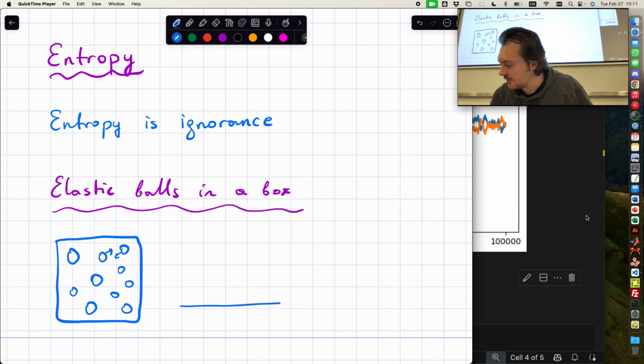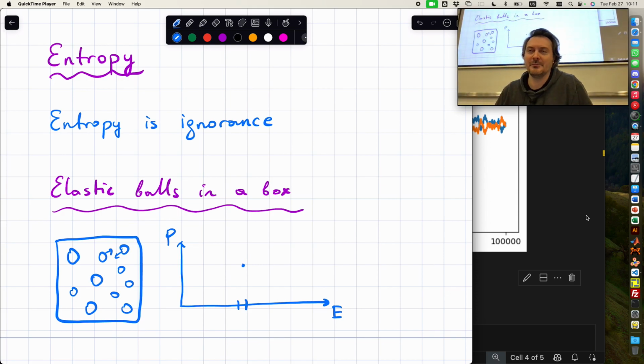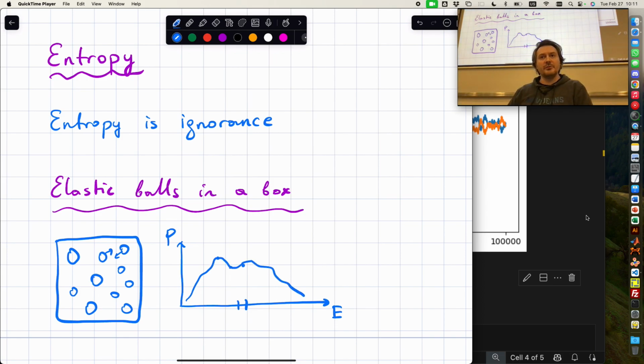You can now think of this: this is my energy axis, and this is my probability axis. What is the probability of being over here? Let's say there are 7 particles there, 7 billion, whatever. It's a distribution. Do you get this distribution?